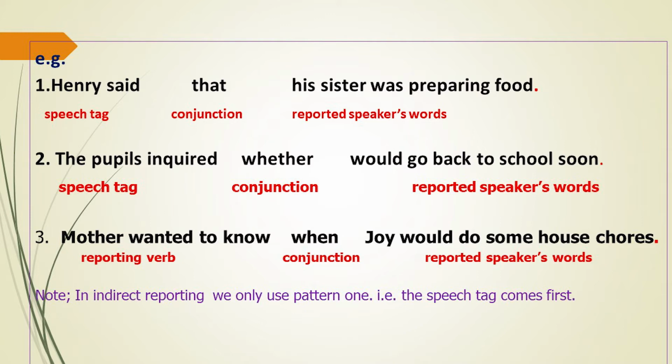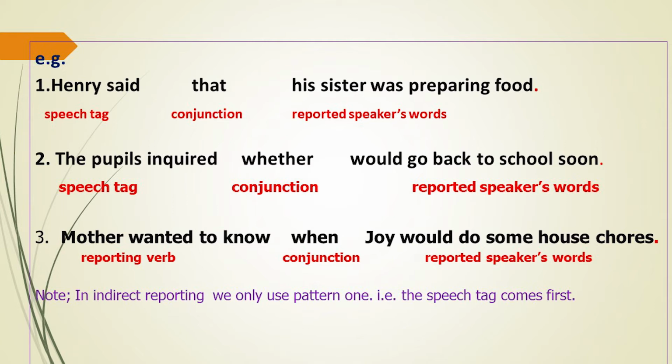In example 3, Mother wanted to know when Joy would do some house chores. So in this statement, the speech tag is Mother wanted to know, and the conjunction is when. Joy would do some house chores are the reported speaker's words.